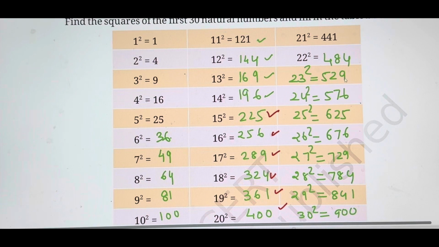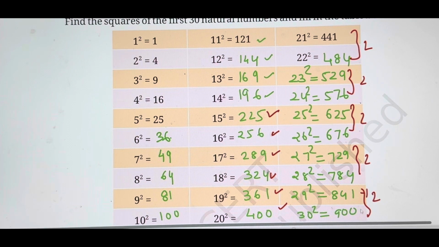Then between 400 and 500, there are only 2. Again 2, again 2, again 2. Then between 800 and 900, there is 841, and if we consider 900 also, there are 2.